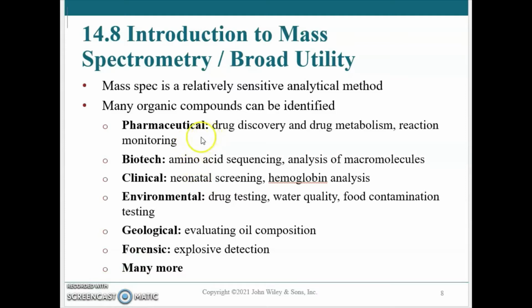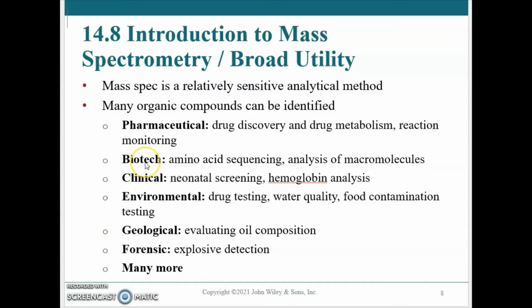Mass spectrometry is a very important technique and continues to grow in importance because of the power of mass spectroscopy. It's widely used in the pharmaceutical industry for drug discovery and the study of drug metabolism, reaction monitoring, and as the cost of instrumentation comes down, it's more common even to see mass spectrometry used in routine quality control assays.